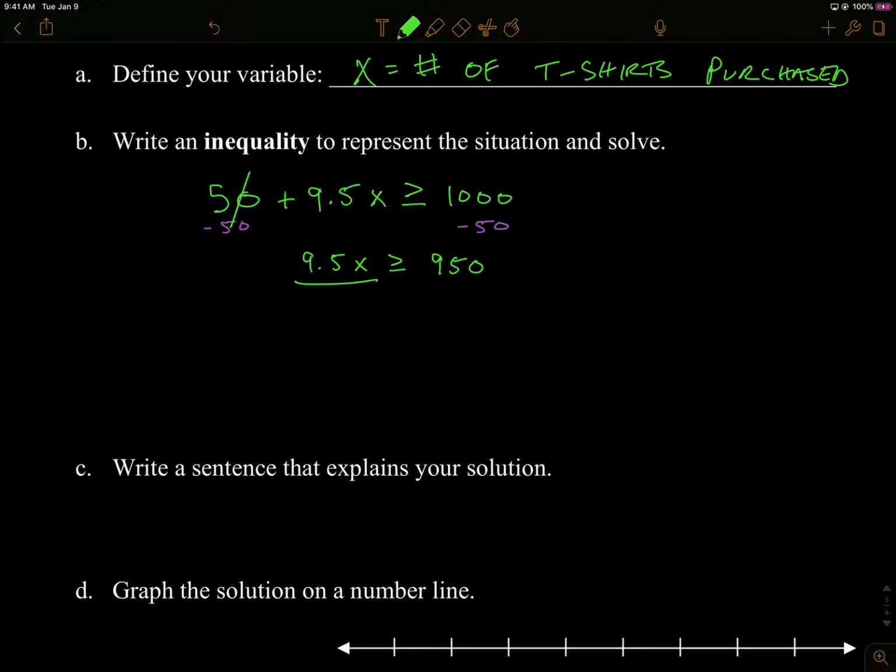Then we're going to divide both sides by 9.5, and because 9.5 is positive, we do not switch the inequality. So we get x is larger than or equal to 100, sorry. 950 divided by 9.5 is 100. So x is bigger than or equal to 100. That's the minimum number of shirts that he needs to order. That's a solution to the inequality.